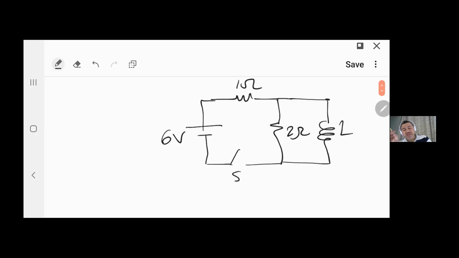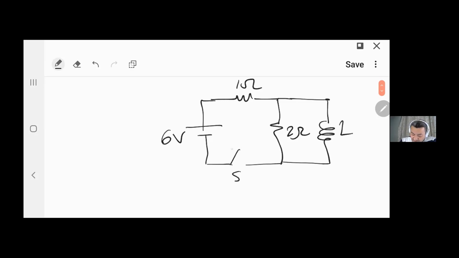The 0 minus is the last moment before I took the action to close the switch. And the 0 plus is the first moment right after the switching. And the 0 plus is the moment that I asked for the voltage across the inductor right after the switch is closed, which means right at t equals 0 plus.